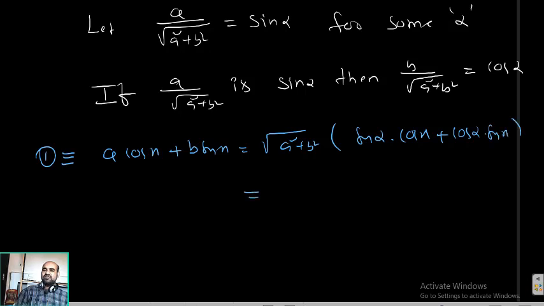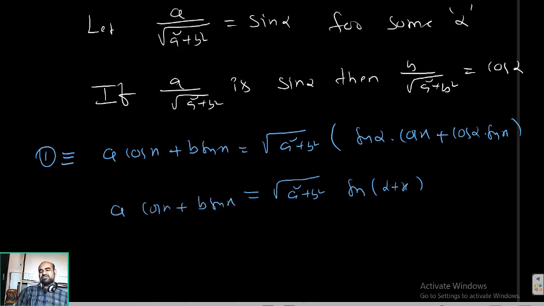So what is the meaning of that? Root over a square plus b square sin of alpha plus x. This is nothing but a cos x plus b sin x. Very important thing, students. So a cos x plus b sin x equals root over a square plus b square into sin of alpha plus x.